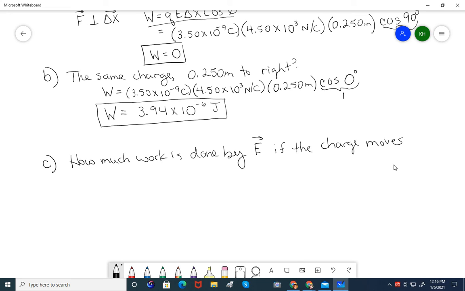We'll let it go farther this time. It's going to move 0.650 meters at an angle of 40 degrees above the horizontal.